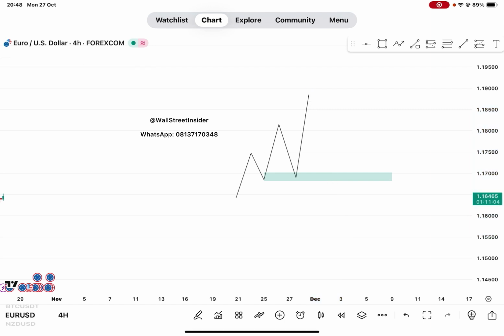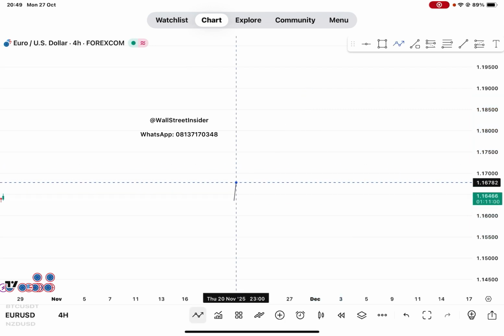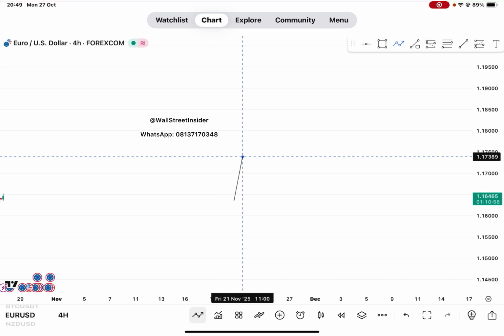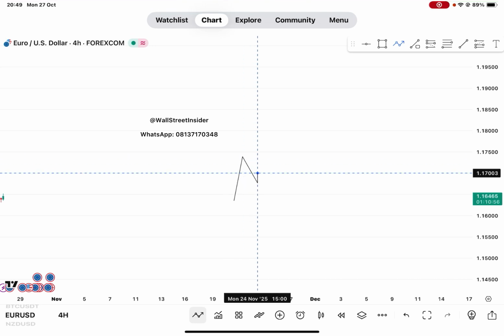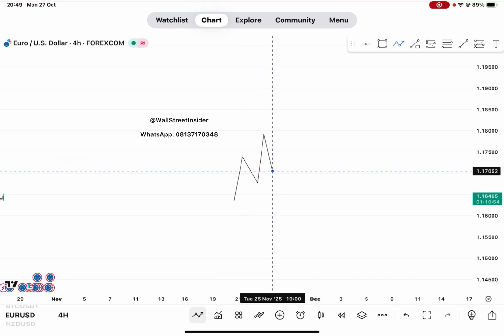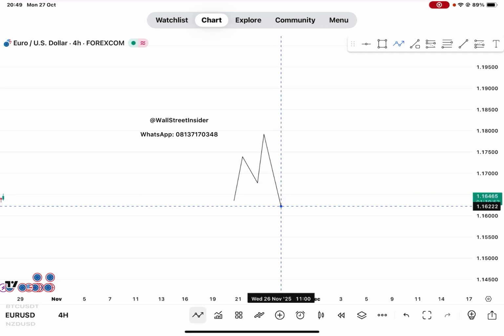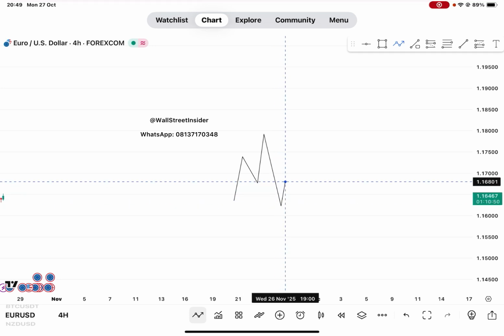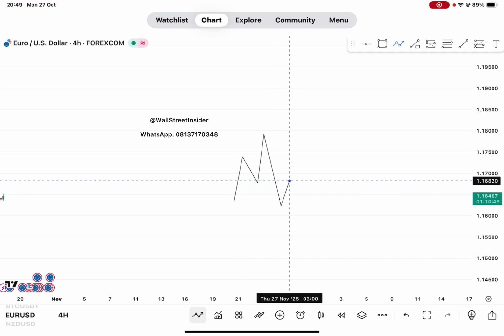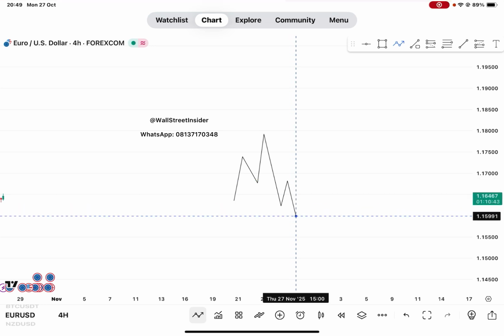Another way I identify it in the market is this pattern. When there is a move, a higher high, a higher low, and a higher high, the market breaks past around this level, then it comes back to test this level again. You can see that this particular level, price has reacted to it twice.